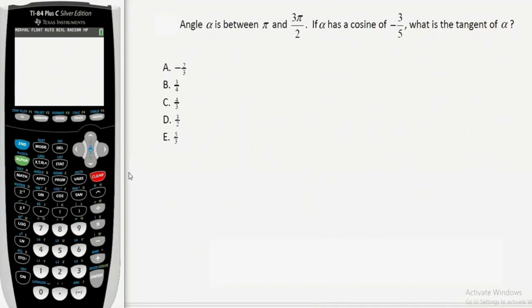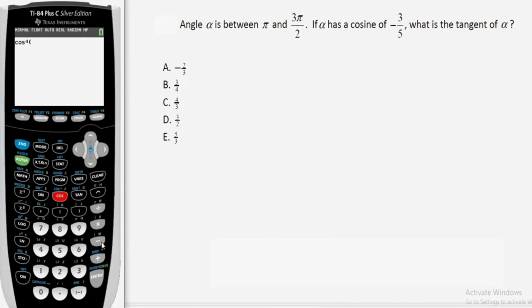So now let's store the value of cos inverse of negative 3 over 5. To do this, you press second button and the cos button for cos inverse of negative 3 over 5. Now guys, pay attention here. Don't make use of this negative button for this calculator.